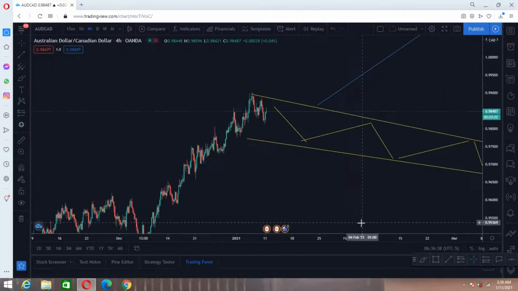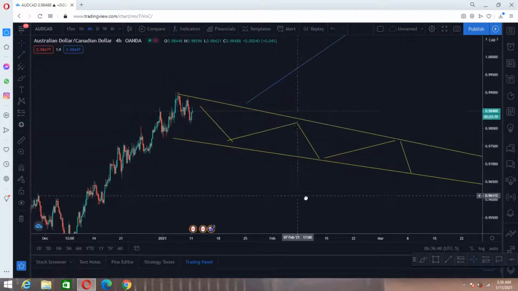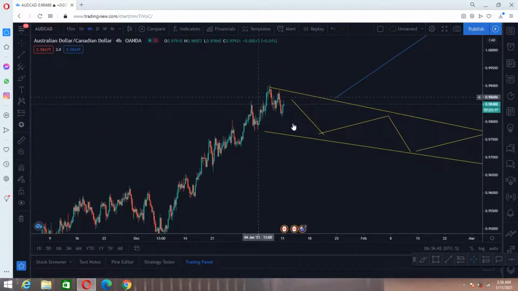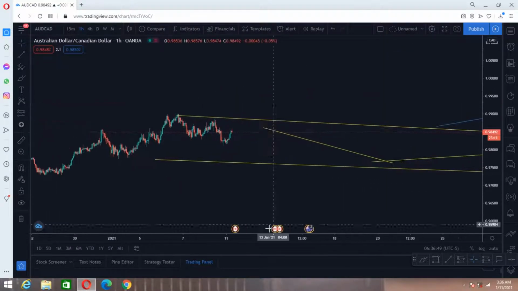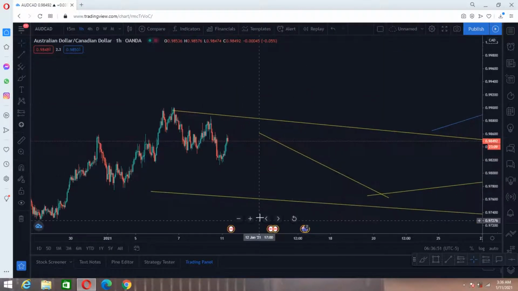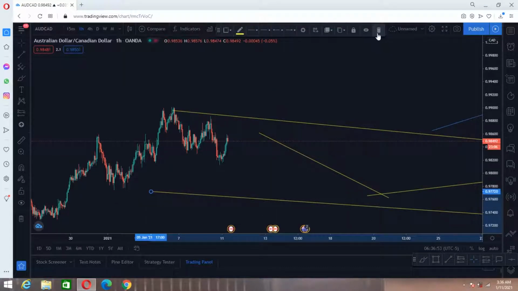For example, as you can see here, you see that it wants to create this. Actually, let me go down to the 1 hour time frame, as you will see it properly. Let me just remove this.